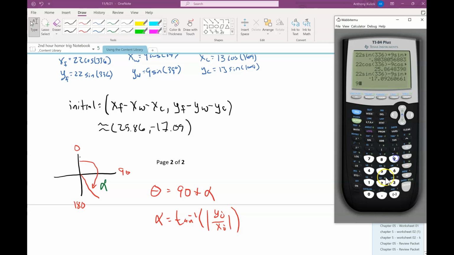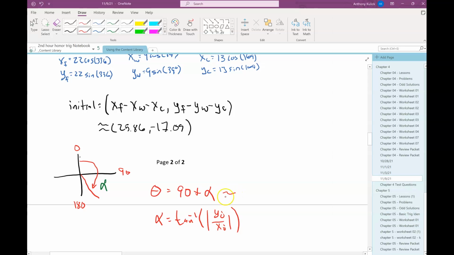So 90 plus tan inverse, and I'm going to use the absolute value command on my calculator because I do have a negative number here, rather than monkeying around with it. So I get 123.46 degrees.